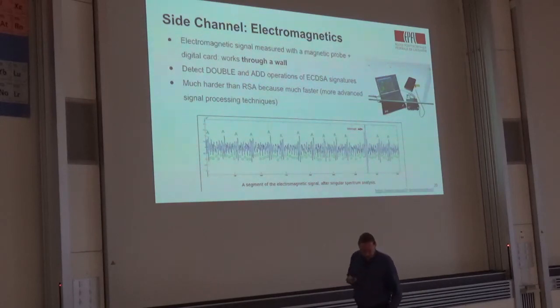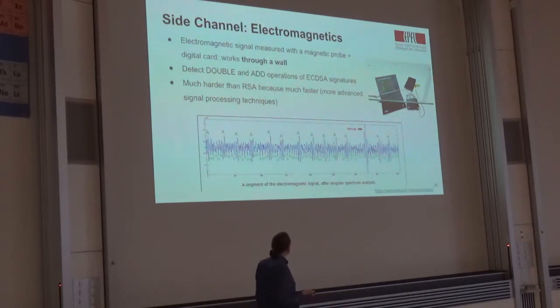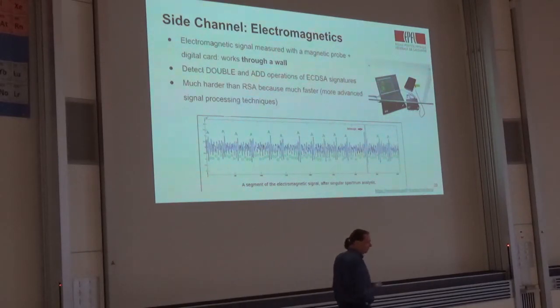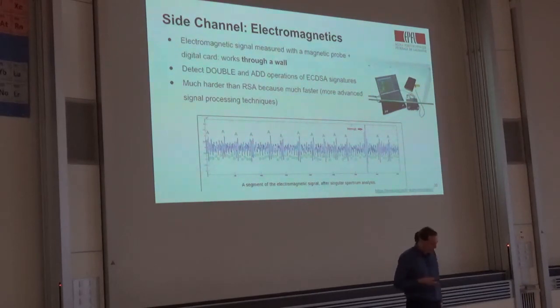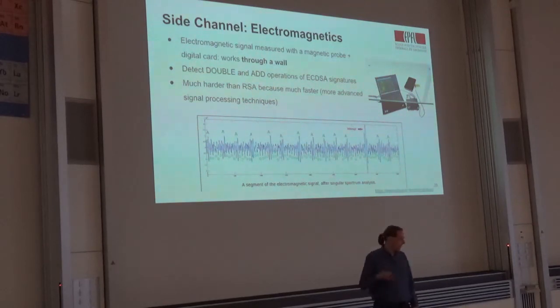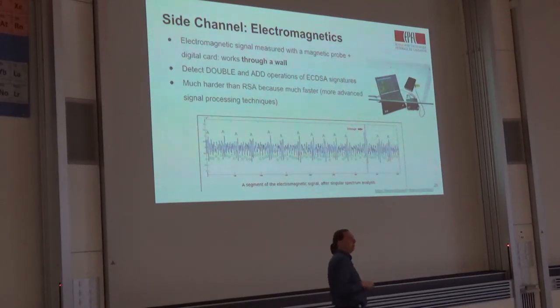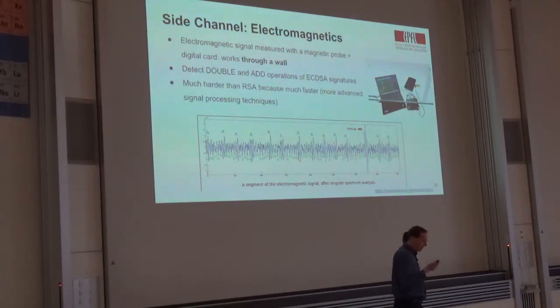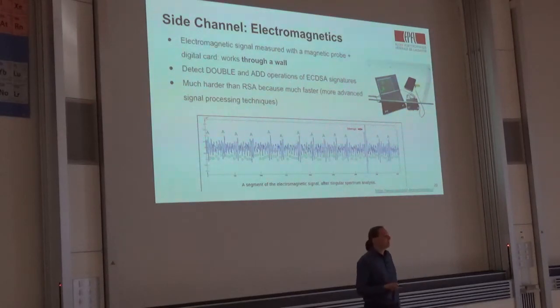And so these double and add operations are much smaller and quicker. In this case, this was a somewhat more difficult, more advanced attack that required more advanced signal processing, but it remains very feasible if the code is written in this variable time way that causes noticeably, distinguishably different electromagnetic signatures when it's doing a double versus doing a double and add.